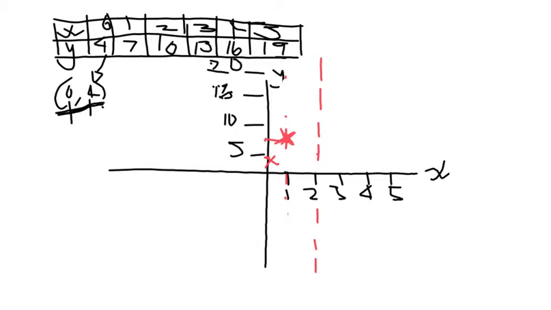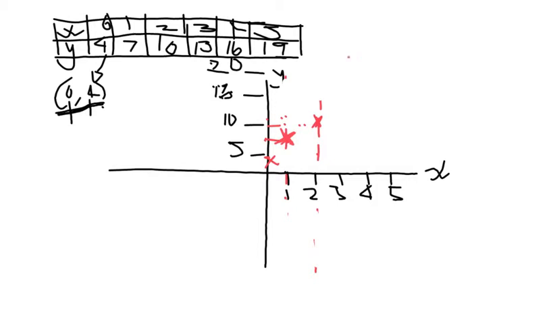When x equals 2, y we know equals 10. So we draw a little invisible line there and we know that it equals there. So now we can rub out this invisible line. And we follow like so.